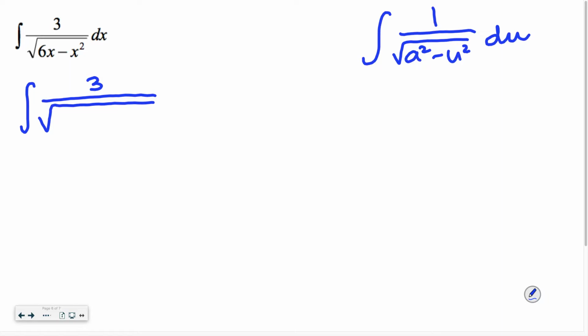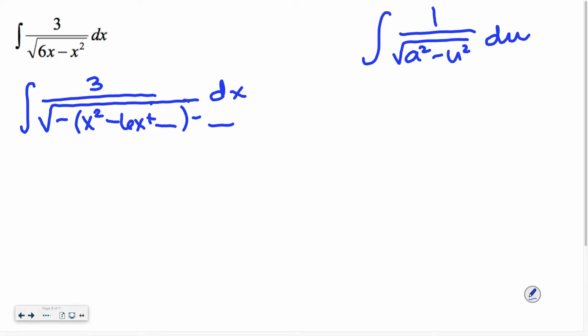So this is negative x squared plus 6x. In order to complete the square, we must have a leading coefficient that is 1. And so we are going to need to factor out the negative so we can complete the square.